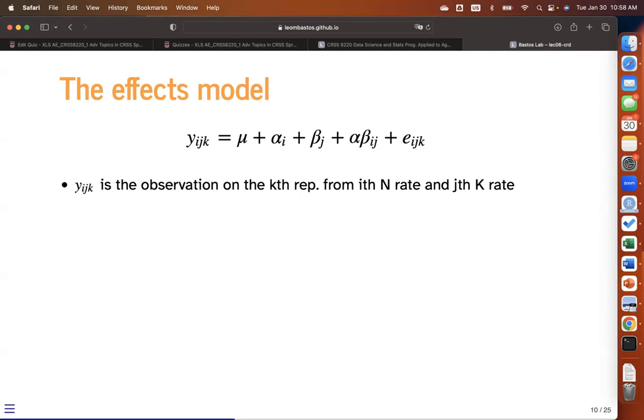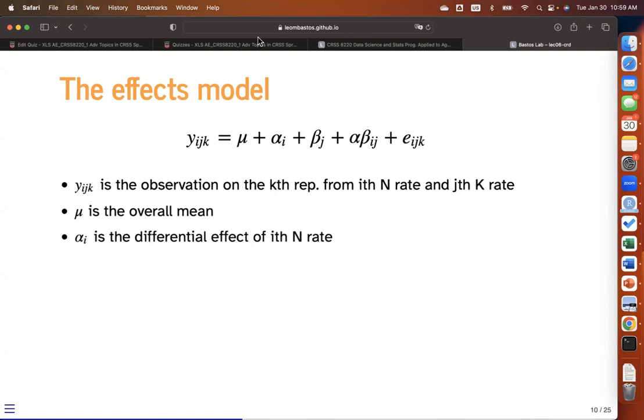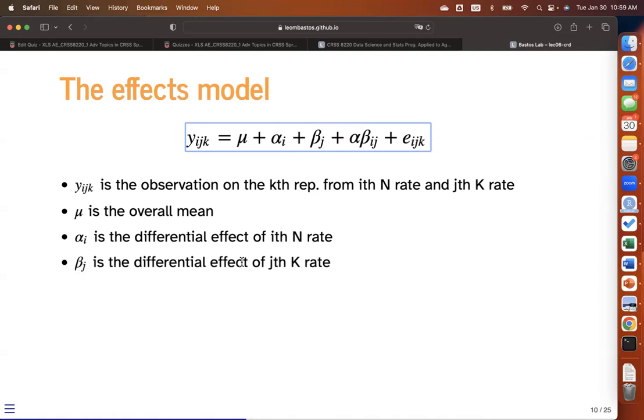To create a model that explains that observation, we need these components for the design that we're talking about in our motivational example, where mu is the overall mean. Alpha_i is the differential effect of the ith nitrogen rate. So imagine that we're going to have an alpha coefficient for each one of your nitrogen rates. Then beta_j is the differential effect of the jth potassium rate.